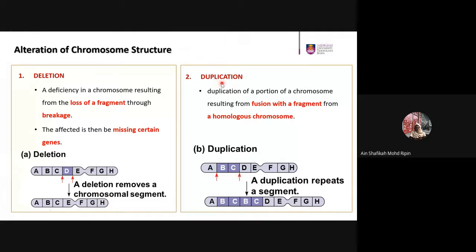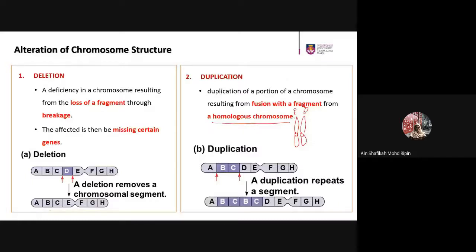Same goes for duplication. Duplication is the duplication of a portion of a chromosome resulting from fusion with a fragment of a homologous chromosome. It is like this if you want to understand. Usually duplication and deletion happen in parallel because they involve homologous chromosomes.